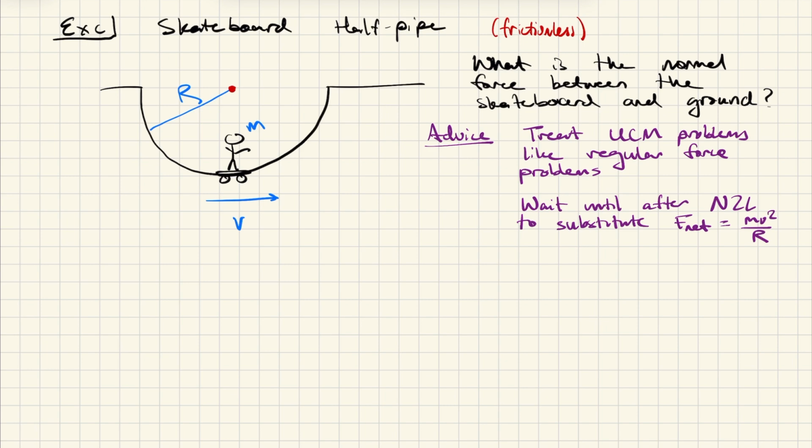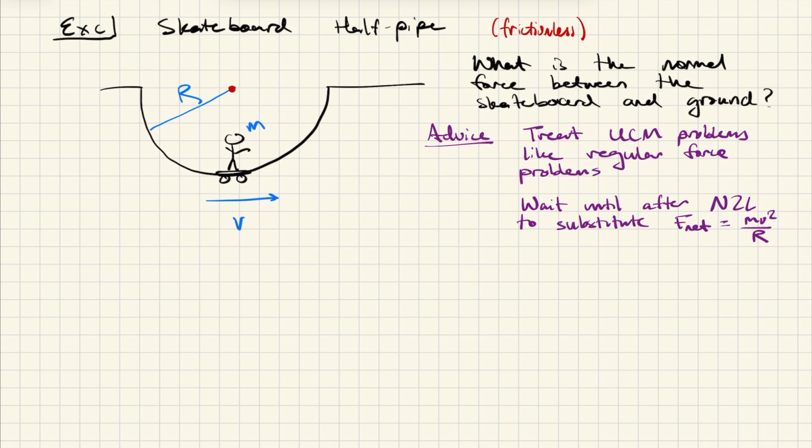We have some total mass m, and the radius of curvature of the half pipe is capital R. The question is, what is the normal force between the skateboard and the ground that's helping steer our skateboarder along the trajectory of the half pipe? We'll assume all the objects here are frictionless, so we just have our easy forces.